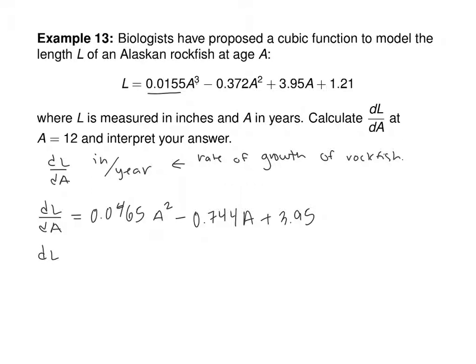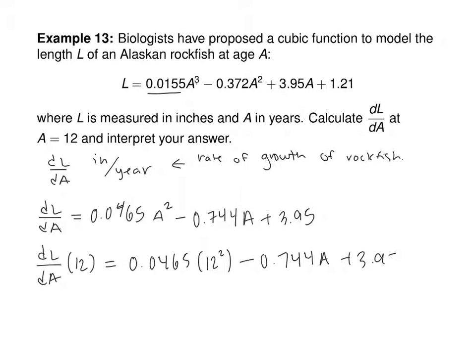So dL/dA at 12 is 0.0465 times 12 squared minus 0.744A plus 3.95. So at least two of you need to do that so we make sure we have consistent answers.